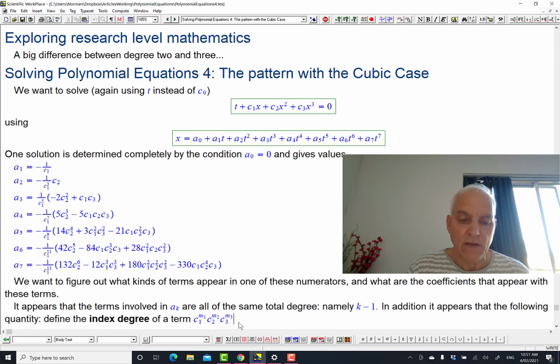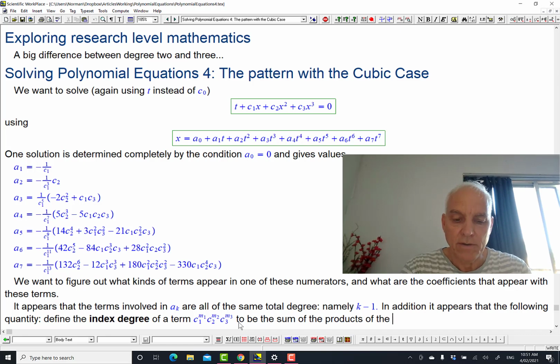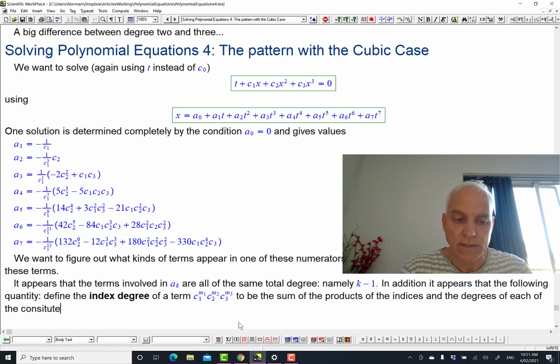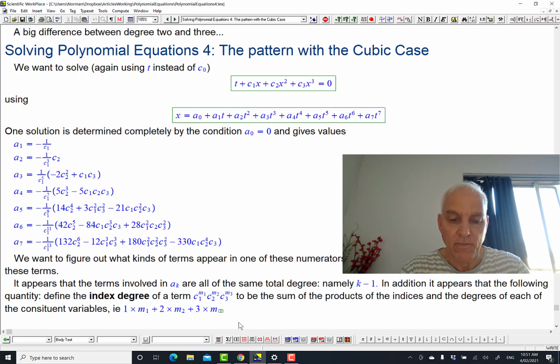We'll define the index degree of a term to be the sum of the products of the indices and the degrees of each of the constituent variables, i.e., in this case, it would be 1 times M sub 1 plus 2 times M sub 2 plus 3 times M sub 3.